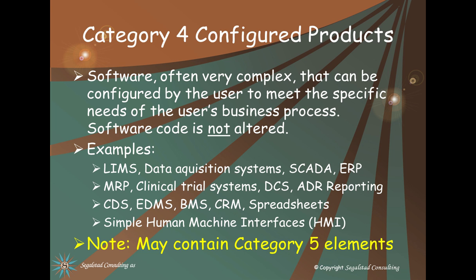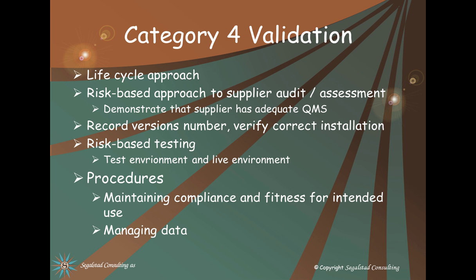Examples are laboratory information management systems, LIMS, SCADA, supervisory control and data acquisition systems, various manufacturing enterprise systems, electronic document management systems, etc. Validation of the Category 4 starts with the conception of the system.